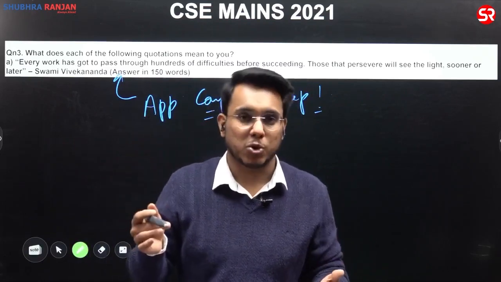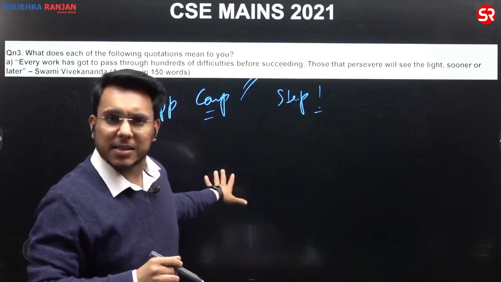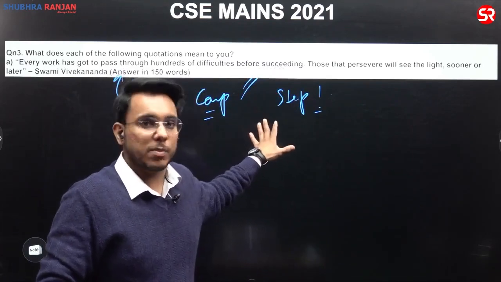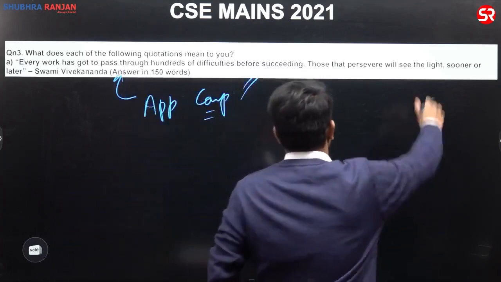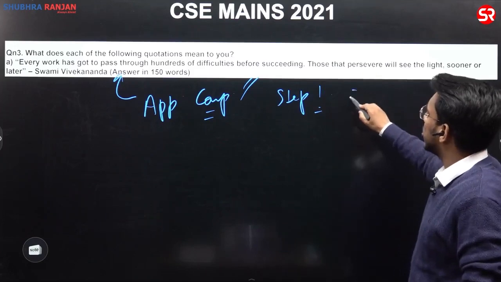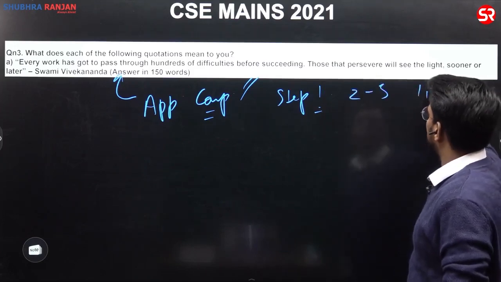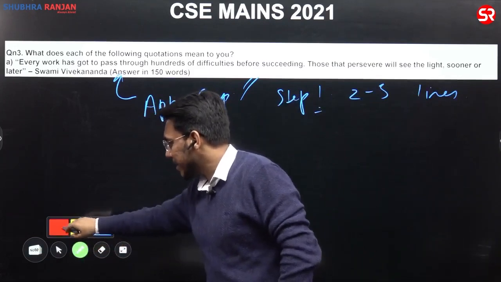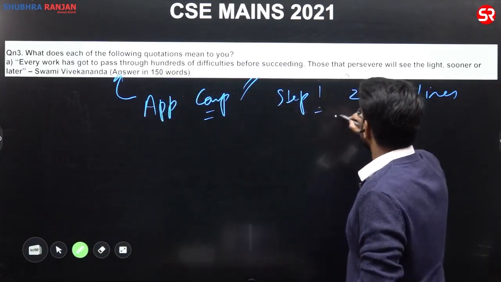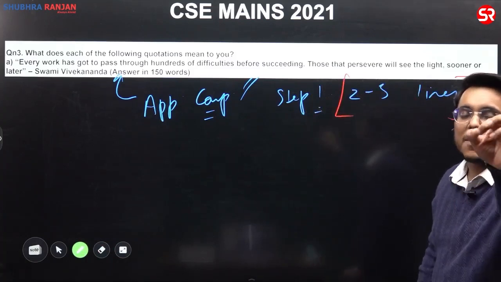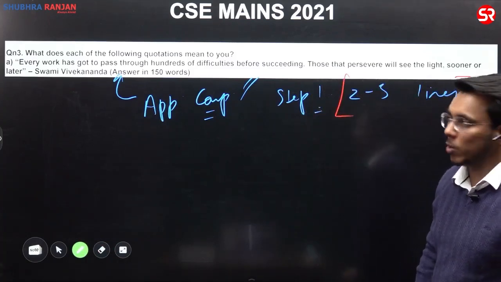There could be another approach also, but this is one approach that has worked wonders for aspirants. Step number 1. Whenever a quote is there, in the first 2 to 3 lines, immediately simplify that quote. Is it clear? What is the message being given by that quote?